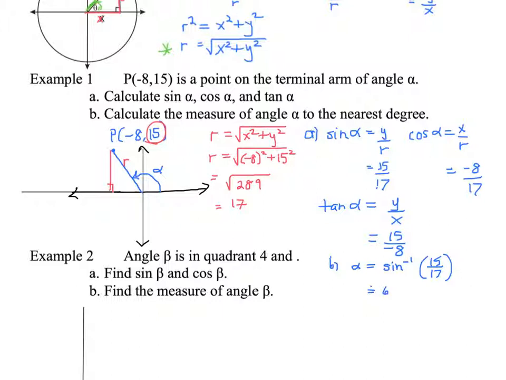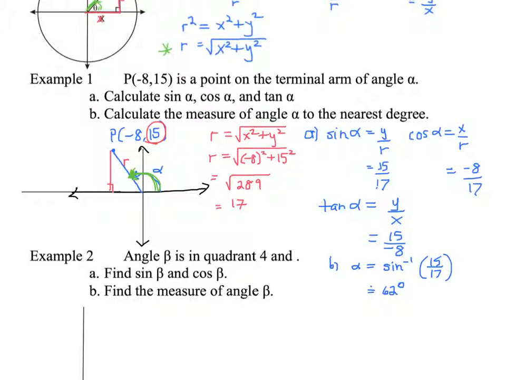approximately 62 degrees. But look at the diagram that we drew in part A. Alpha is clearly not 62 degrees. Alpha is clearly an obtuse angle. So what's happening here is the calculator is kicking back to you the reference angle for alpha.